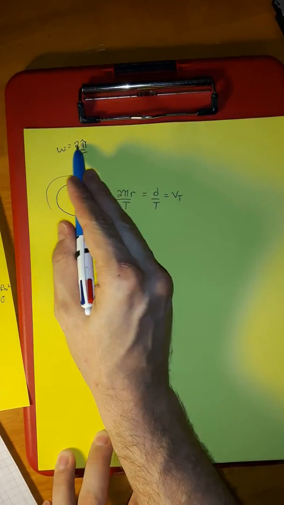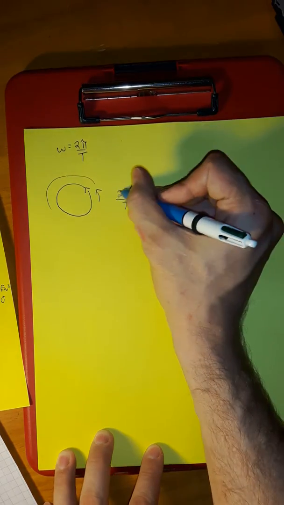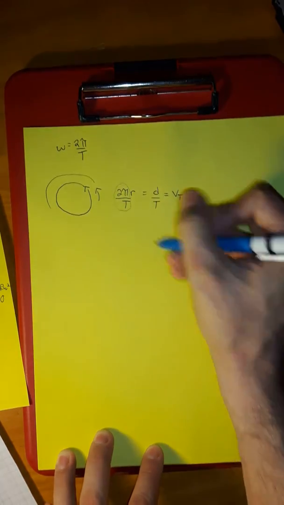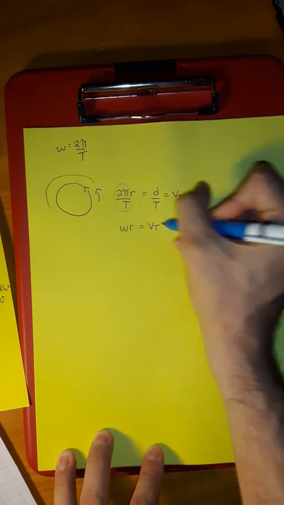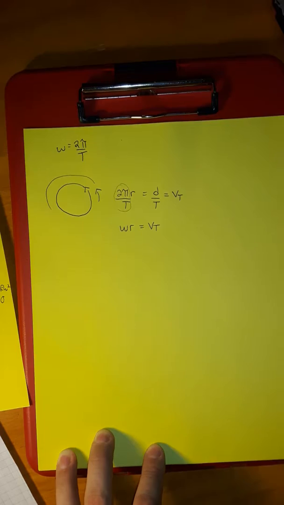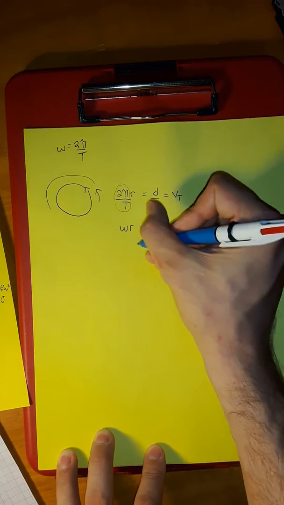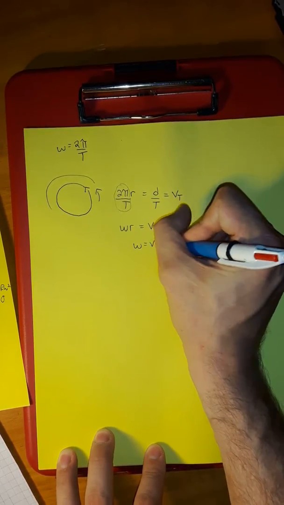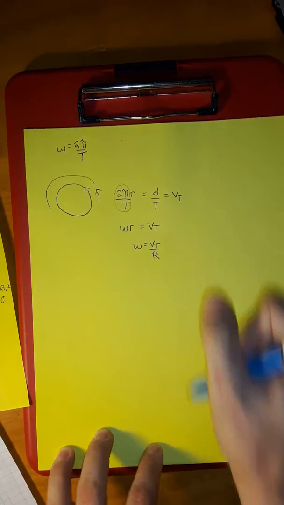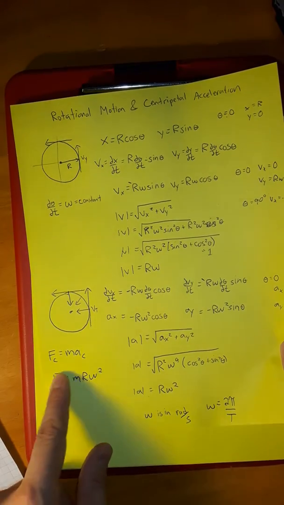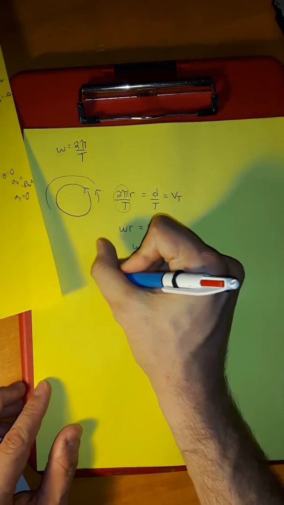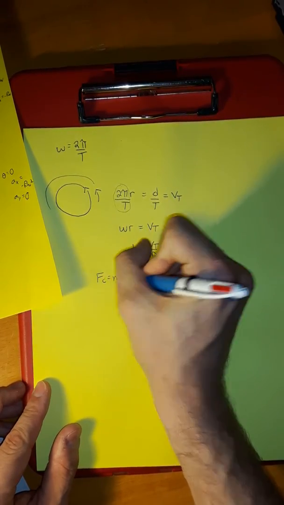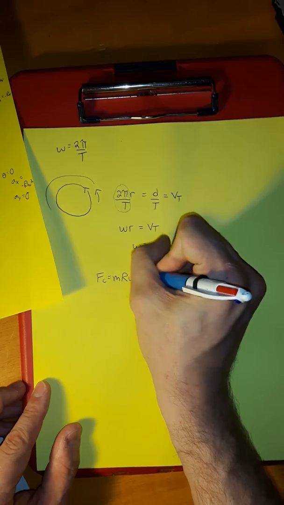And we know since omega is 2 pi over T, we sub this in here, omega r is v_t, where omega is equal to v_t over r. And going back to our formula for centripetal force, F_c was equal to m r omega squared.